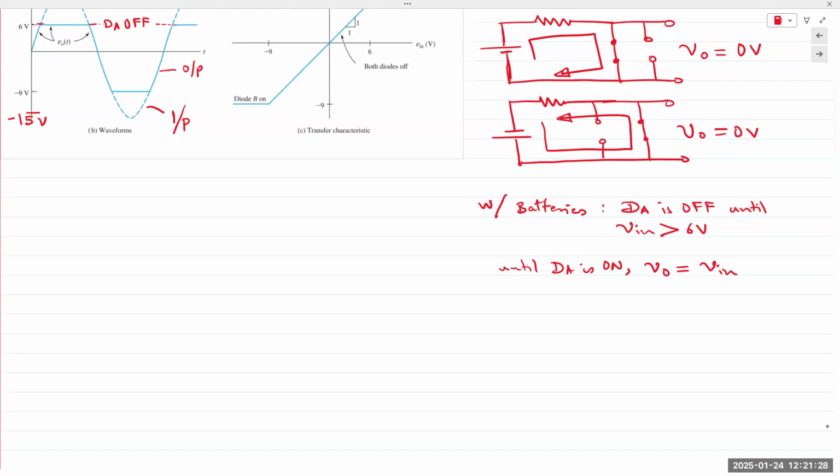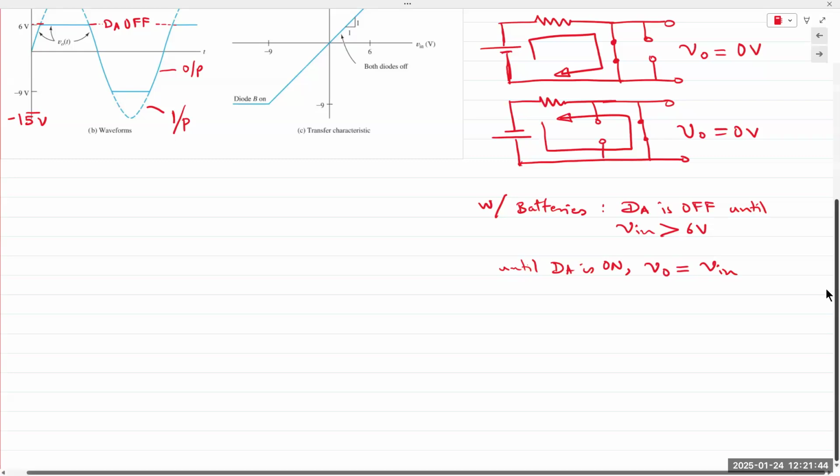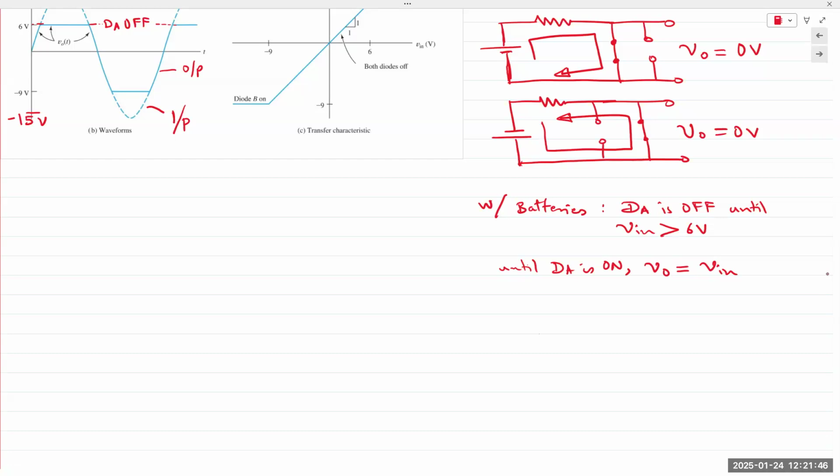Output waveform stays at 6 volts. When it drops below 6, diode DA turns off again, and then V out again follows V in, or the shape of V in. And hence we get a waveform that looks like this in the positive half cycle.